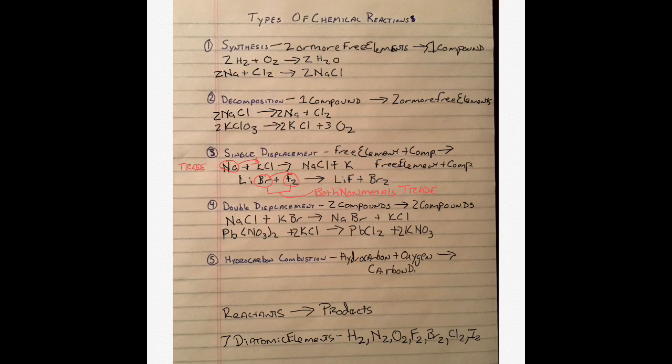So hydrocarbon combustion plus oxygen will always make the same products, which is carbon dioxide and water. So anytime that you see or I say some hydrocarbon burns, we'll have to know that we have to have oxygen as a reactant, and it always produces carbon dioxide and water.